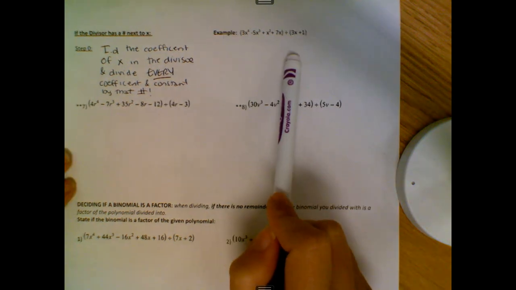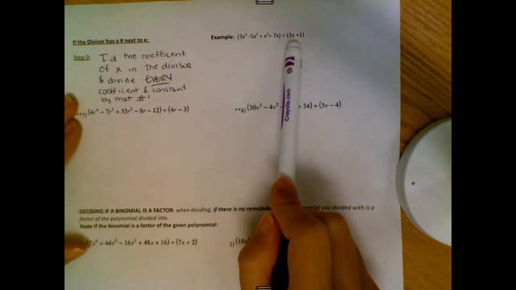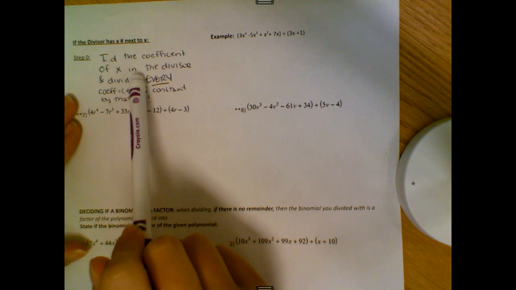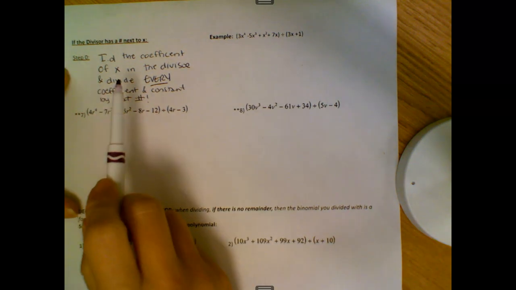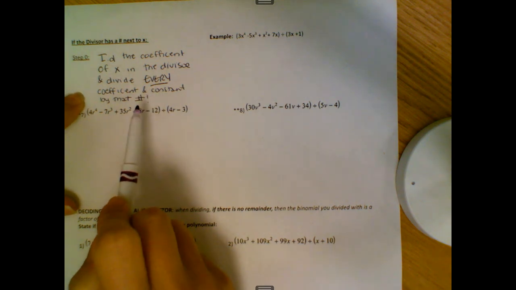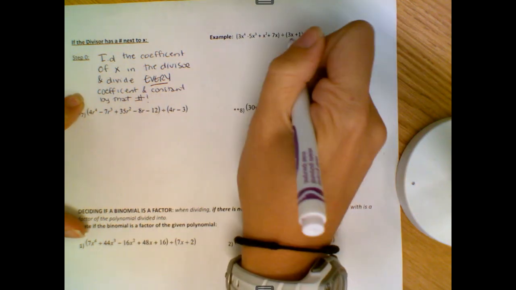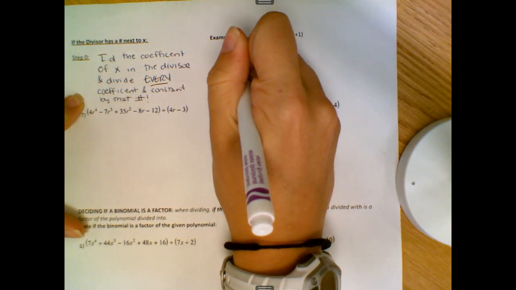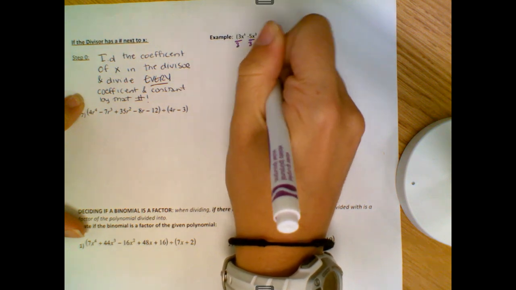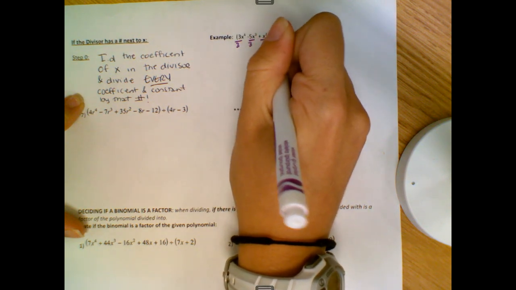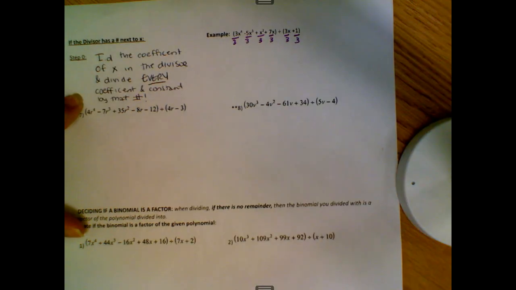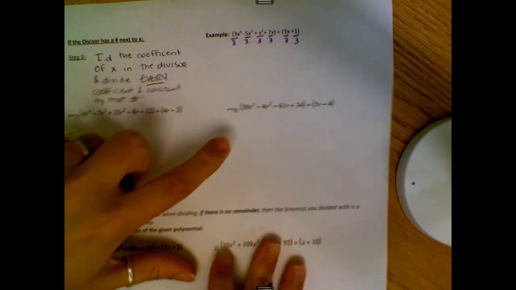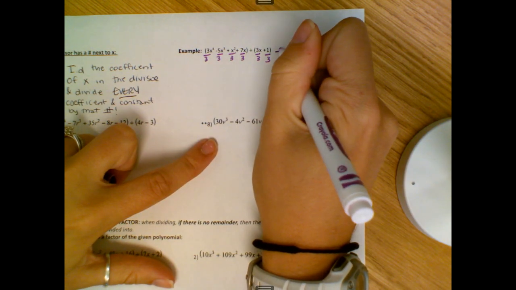So if there's a number next to x, you have to identify the coefficient of that number. So this is 3. And divide every coefficient and constant by that number. So watch. This is 3, so now I need to divide everything by 3. And I need to rewrite the problem then.